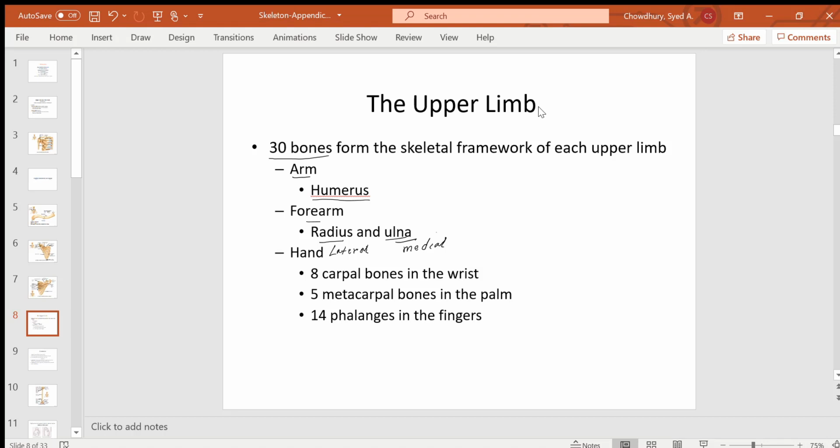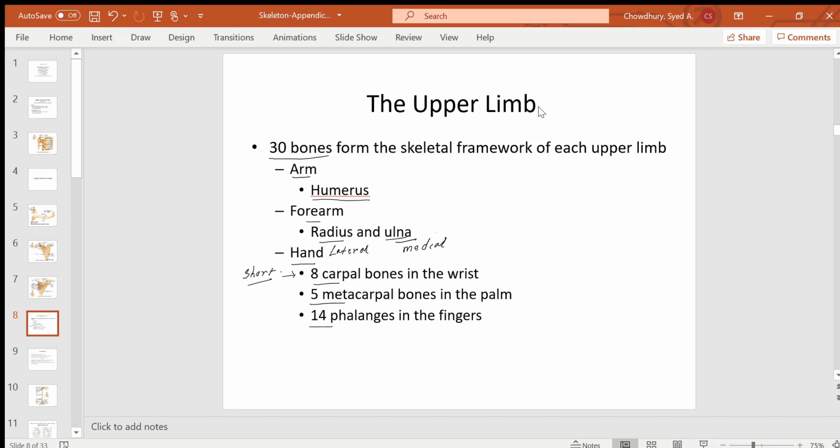Okay, and then in your hand you have 8 carpal bones, and these are short bones, small short bones called the carpal bones, and you have 5 metacarpals and 14 phalanges.